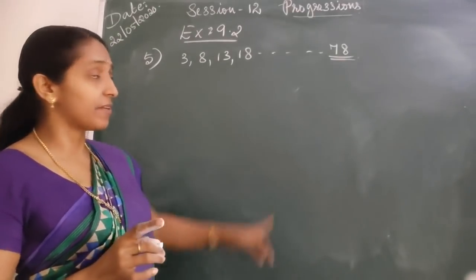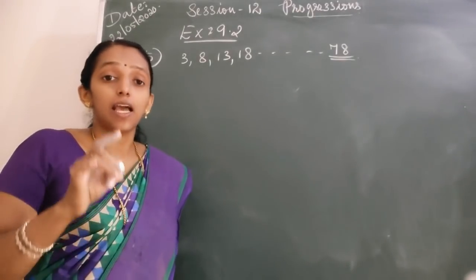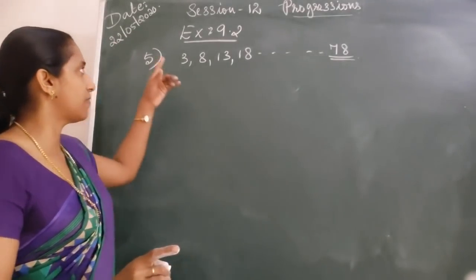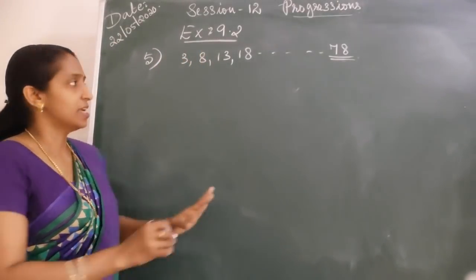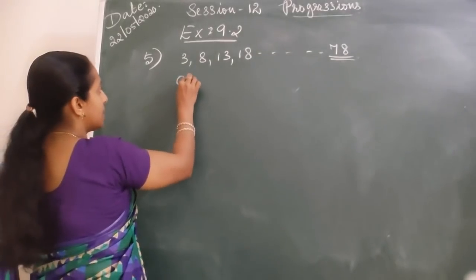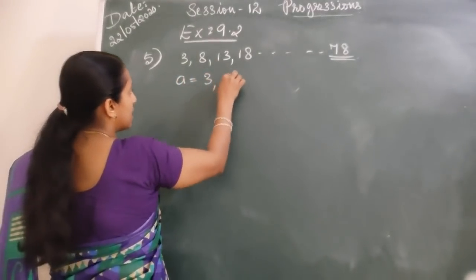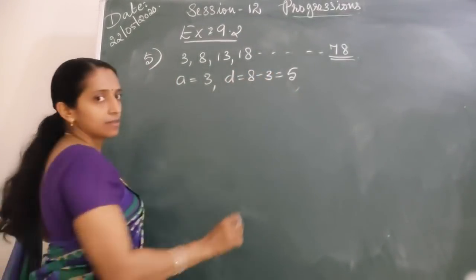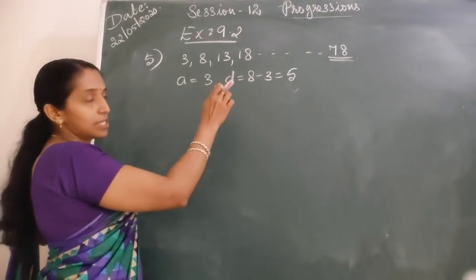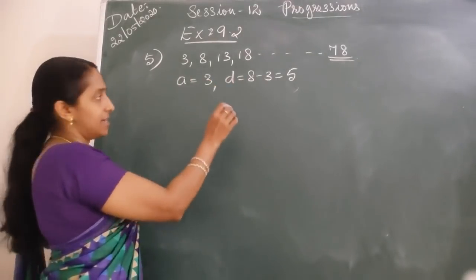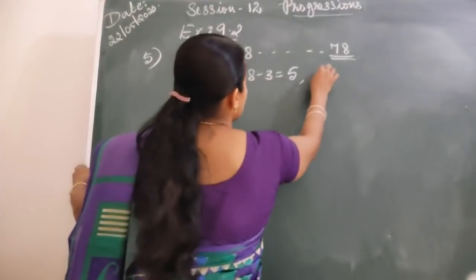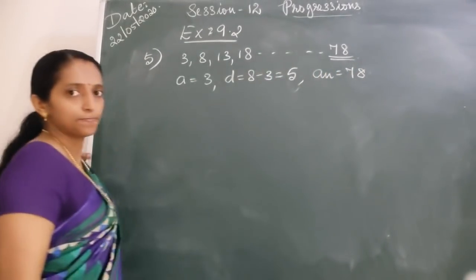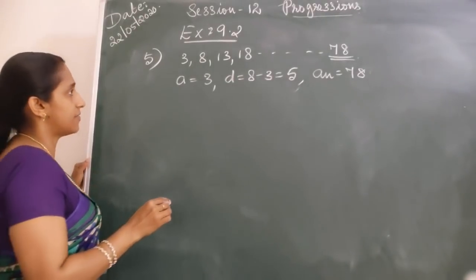Nth term is given as 78 and we don't know what is the position of n, but we are having A and D. So here in this sequence what will be A? A is 3, D is 8 minus 3, you are getting as 5. Right? Now you have to calculate the value of n. An is given as 78.